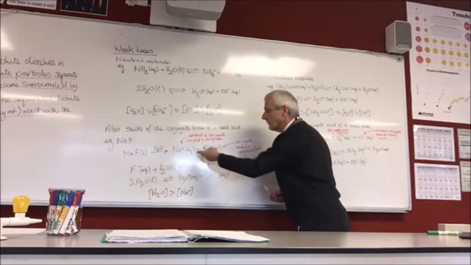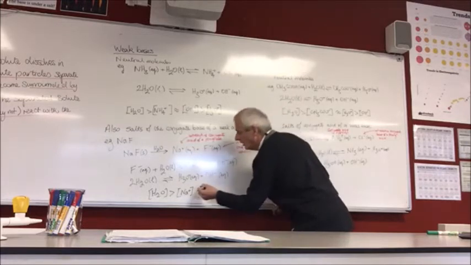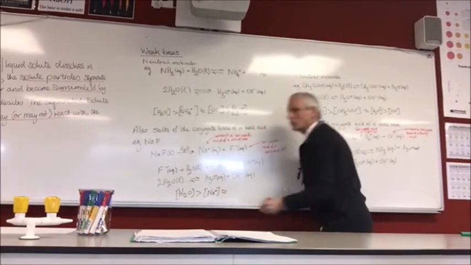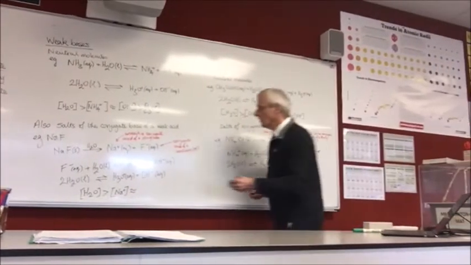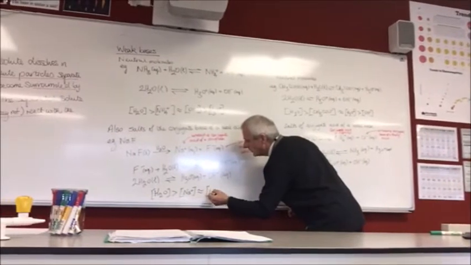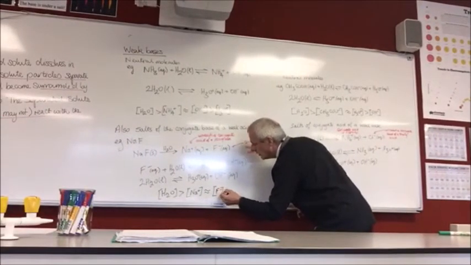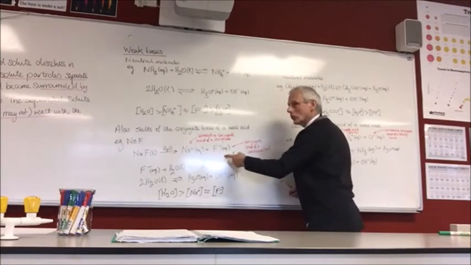In terms of the significance of the numbers we're dealing with, it's not going to be that significant, but once again, put an approximately equal to the concentration of fluoride. Okay, so that's dealt with those two.